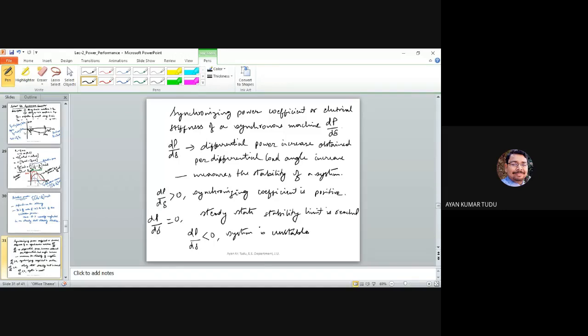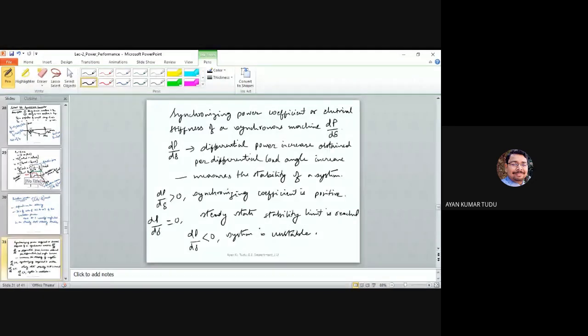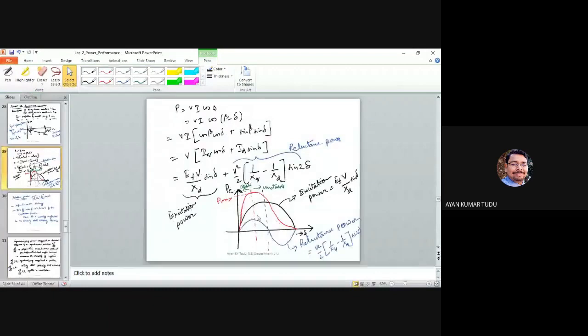Hence, for this cylindrical pole rotor synchronous generator, we get more power for less delta, though the stable region is decreased. dP by d delta greater than 0 means we are in this portion of the curve. When dP by d delta is less than 0, we are in this portion of the curve.